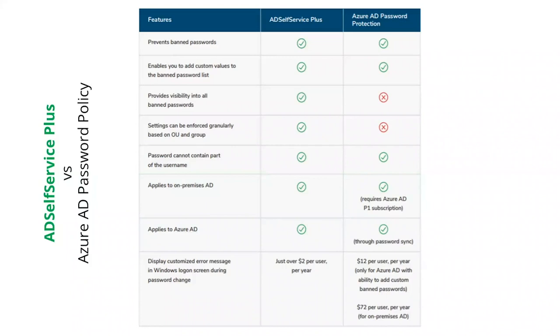No, it doesn't. This is still good enough in terms of comparison with the native on-premises Active Directory, and yet you will not be able to selectively enforce granular password policy for users based on OUs or groups present in your Azure infrastructure, which once again is something that we need to revisit.